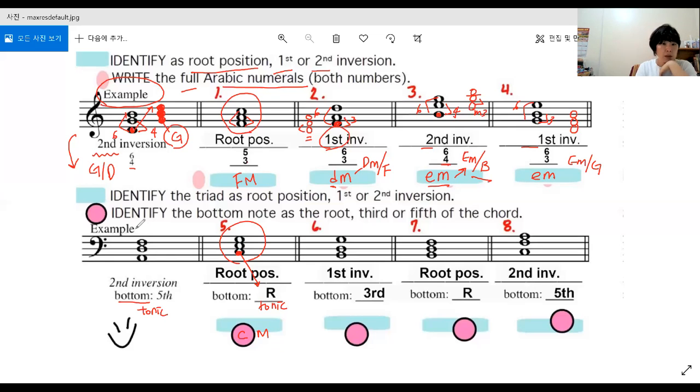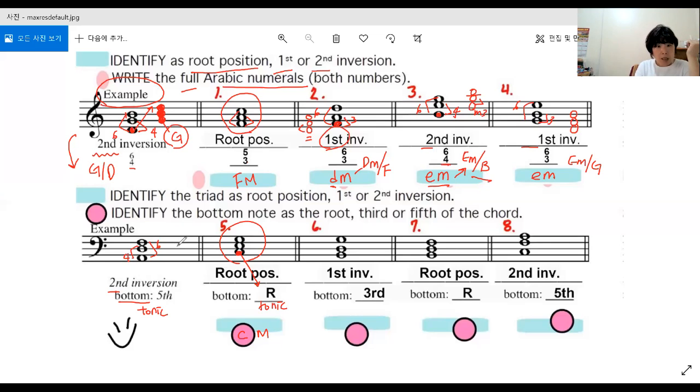Okay, look at the example. This is 4, 6, which means second inversion, right? So in order for you to find the original position from the second inversion, you make one more inversion.